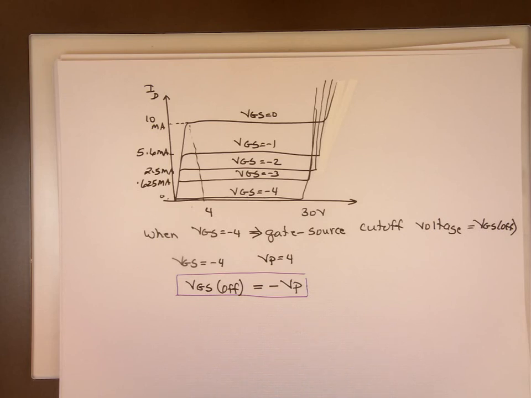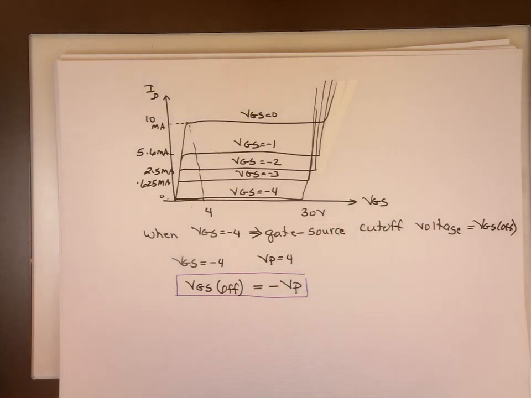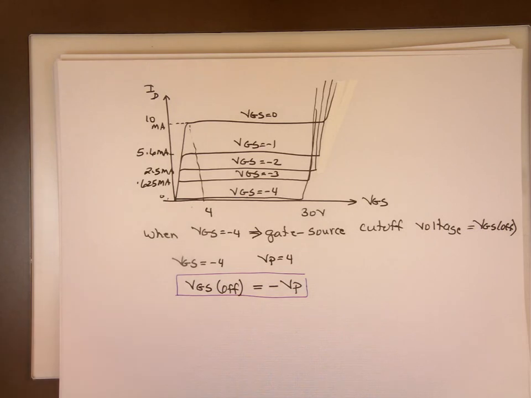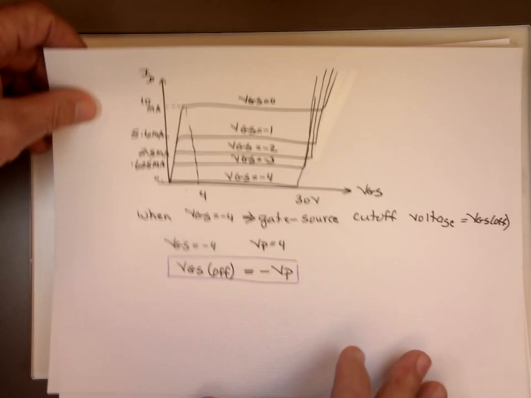Now, if we try to graph actually what I sub D versus VGS looks like, again, this is VGS. Now, let's look at that picture. Let's try to graph it. So looking at that picture, this is what I see.